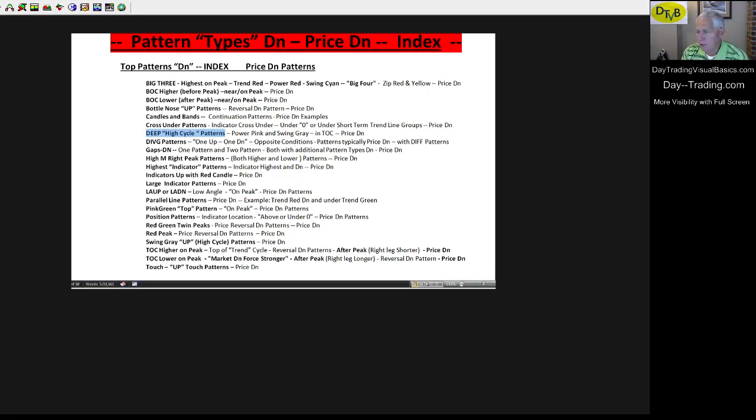So there's just a lot of information in this file. There's a lot of information also in the divergence file, the DIVG file. There's a lot of examples in that file, and then of course a lot of examples in the gaps up and gaps down file. So take the time to investigate the stuff that's written.